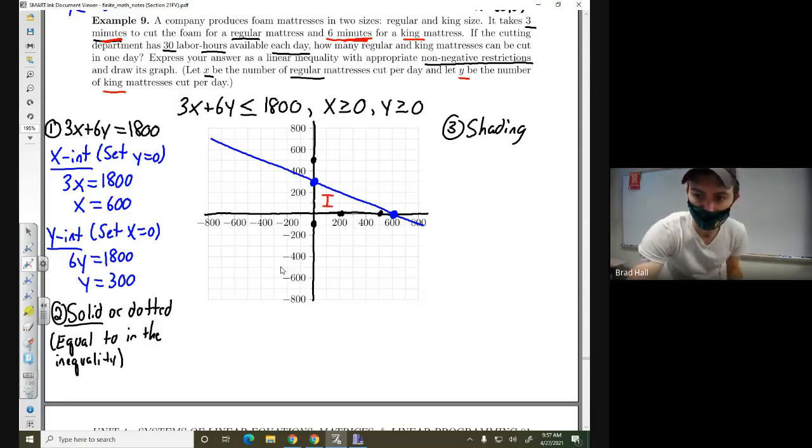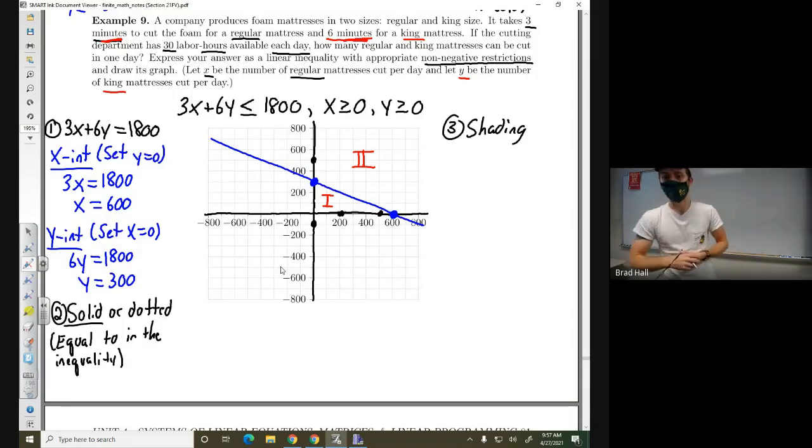This region down here and this region up here. Notice this only stays in the top right region, which is really bounded by that right angle. So we need to figure out which one of these regions do we shade. Do we shade one down here, or do we shade two?